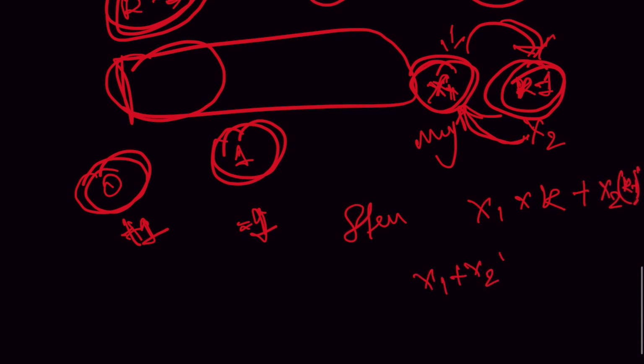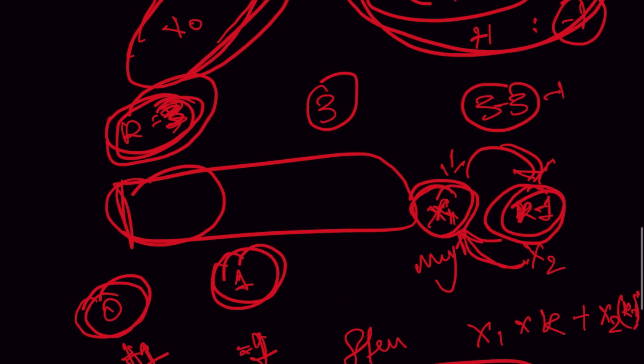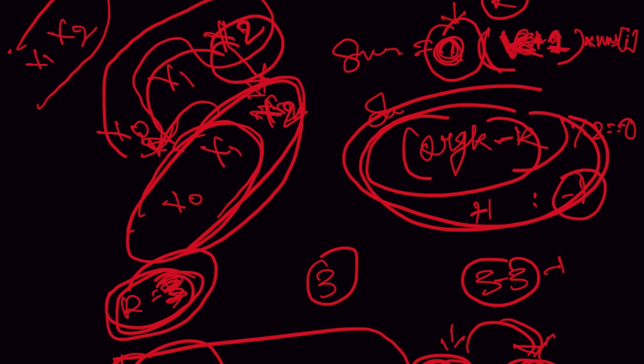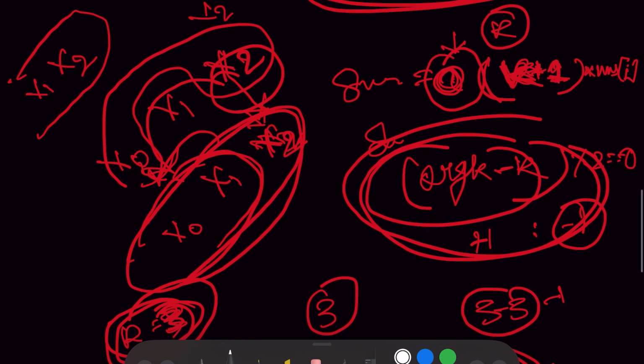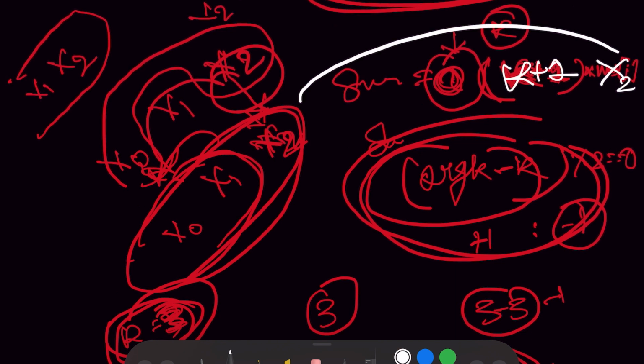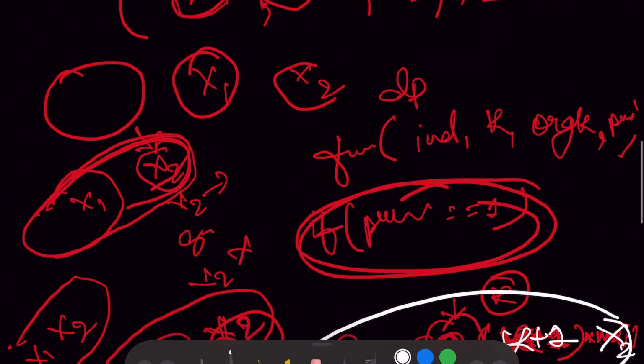But what if we want x1 and x2 within the kth array? Then this would be our sum. So our sum currently has x1 into k. Now if we want to include this x2 in the previous subarray only, so we have to do x2 into k plus 1. So let's say x2 into k plus 1, you'll be doing that. So if you want to include this in the previous subarray and call the function, if you're standing at the ith index, i plus 1, comma, what you will pass.